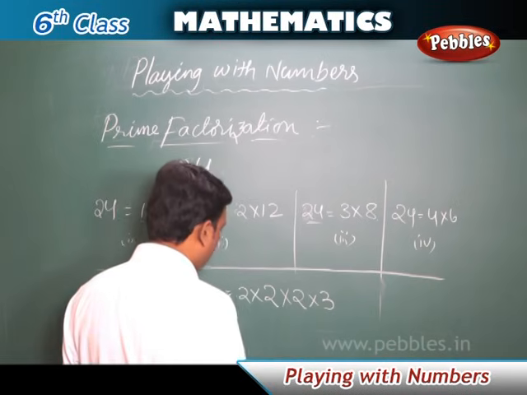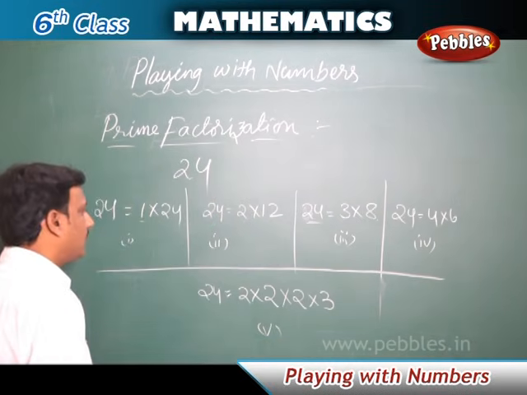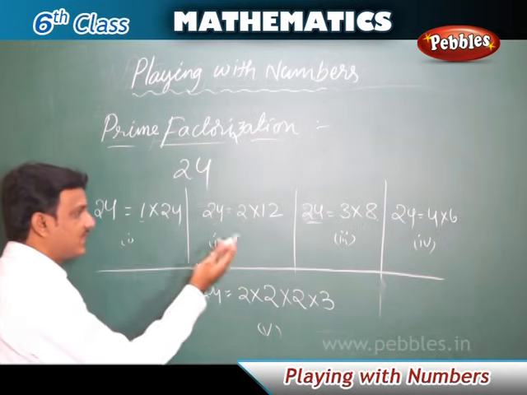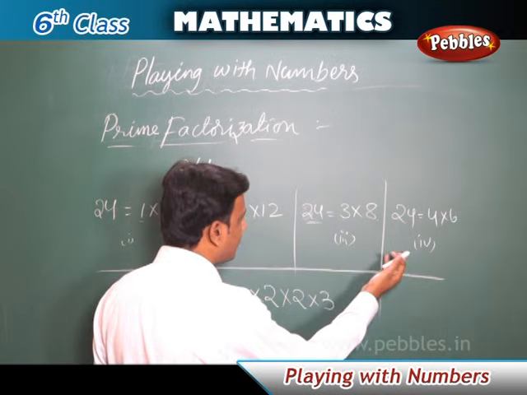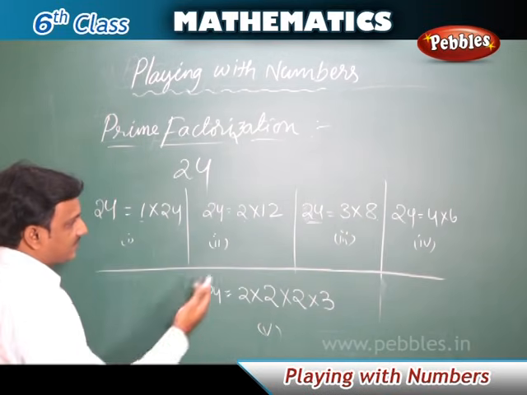So in this way also we can write the factors for 24. This is the fifth instance. Now let us observe the difference. Here also 24 is factorized. Here also it is factorized. So everywhere the factorization is done, the factors are written.